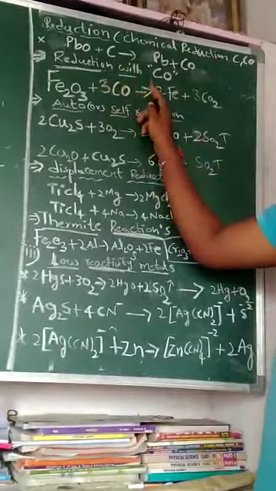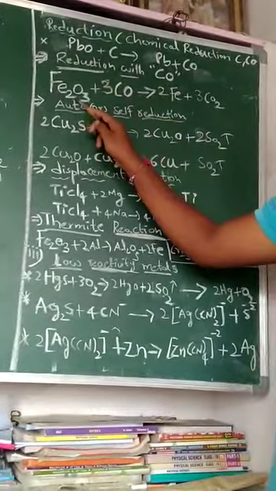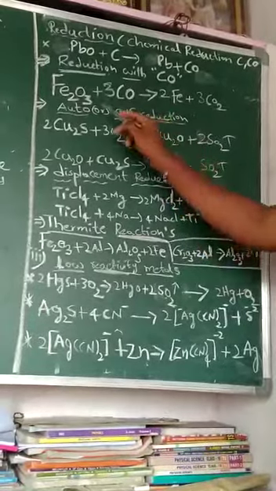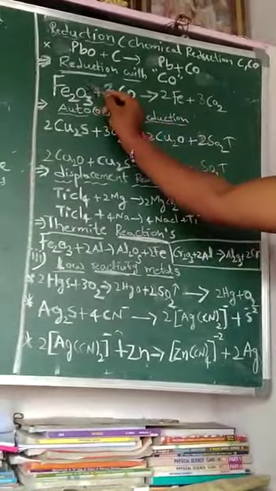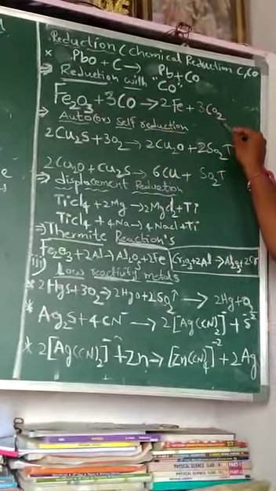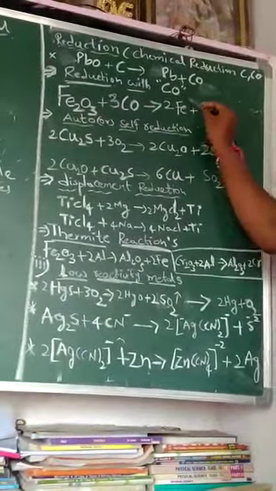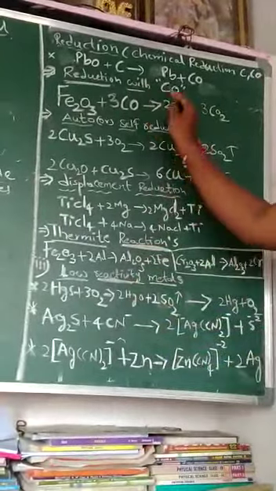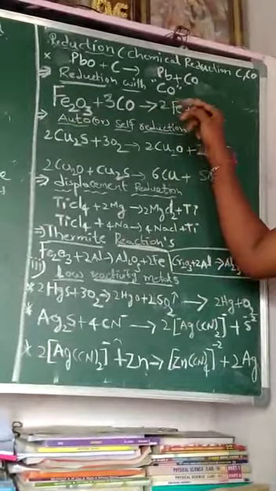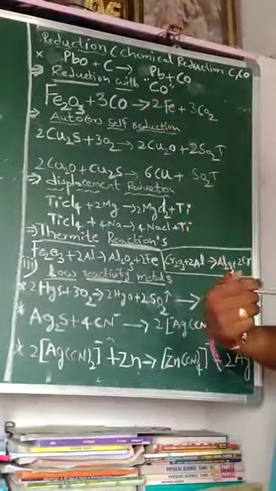Next, reduction with carbon monoxide: Fe2O3, iron oxide, reacted with 3 carbon monoxide. What happened? These 3 oxygen atoms combine with 3 carbon monoxide to give 3 carbon dioxide, and iron comes out. This reaction is useful in the blast furnace. Once again we will discuss it at the end of this lesson.